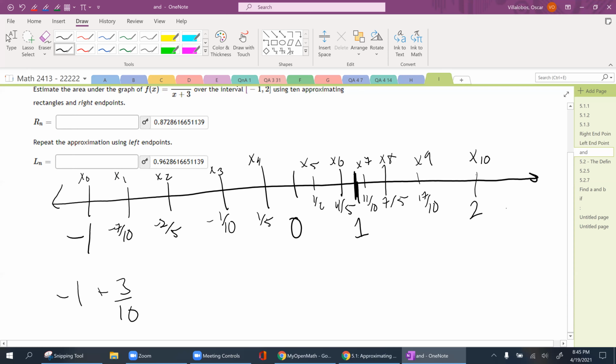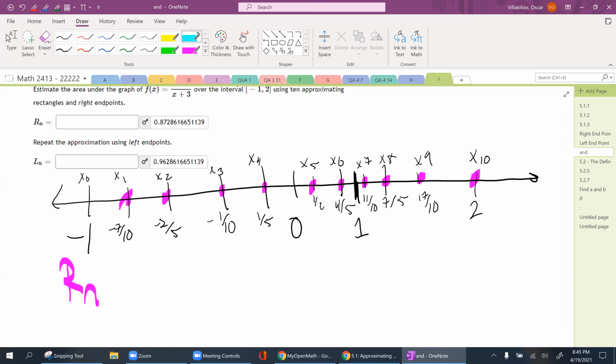Whenever you add the last one, you should end up at 2. If you don't, something's wrong with your endpoints. Always start from the very left and keep adding until you reach your goal. Since you're doing right endpoint approximations, you're going to use the farthest right points, 1 through 10, for those.